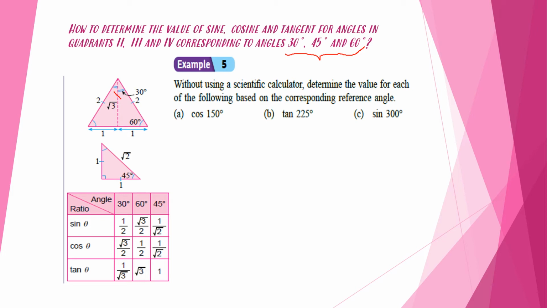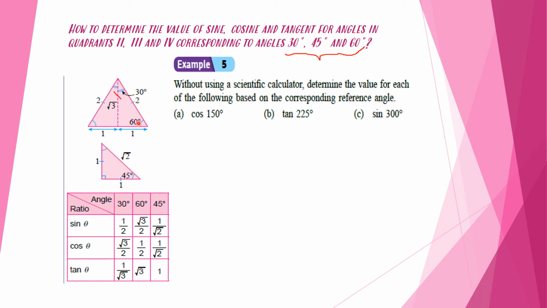Next one. When your theta is equal to 60, what is the ratio of sine theta, cos theta, and tangent theta? So your focus now is at angle 60. So sine 60 equal to root 3 upon 2. Yes, correct.